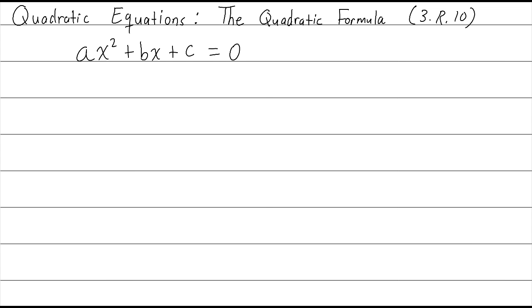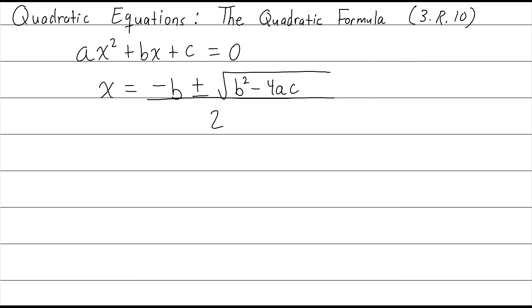If you have a quadratic equation in this form, then you can solve it bypassing all that factoring business by using the quadratic formula, which says x equals negative b plus or minus the square root of b squared minus 4ac, over 2a.